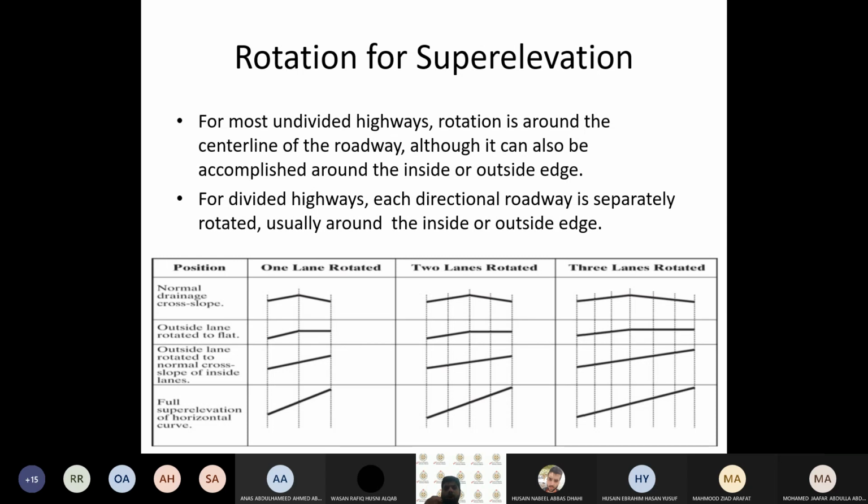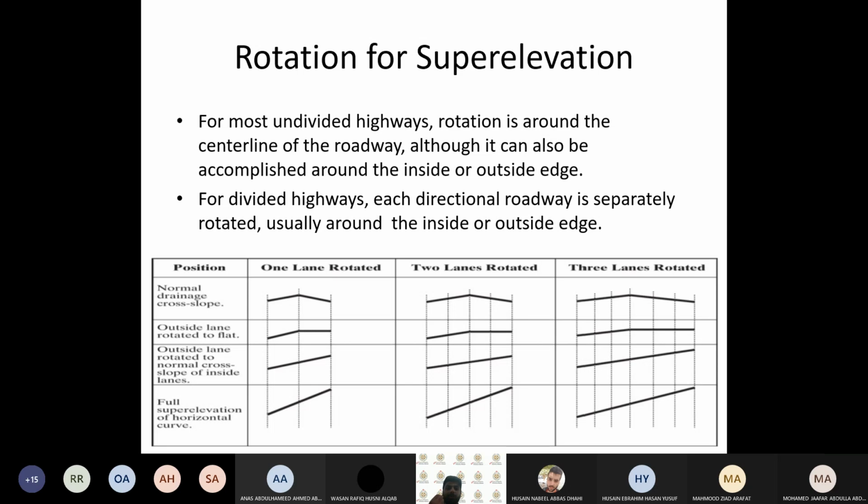On an undivided highway, the rotation is done along the center line to achieve the super elevation. Now, what do we mean when we say rotation around the center line, or around the outside edge, or around the inside edge?